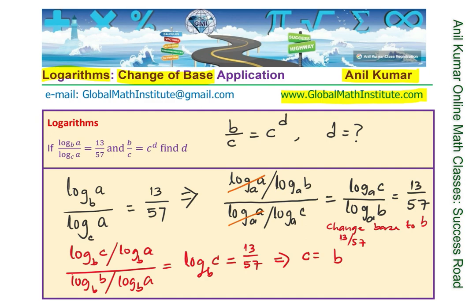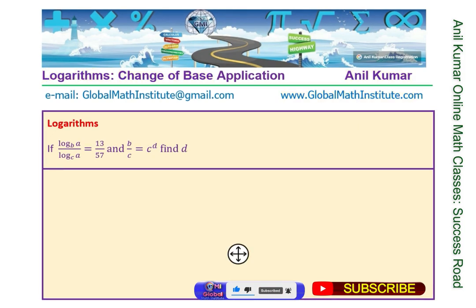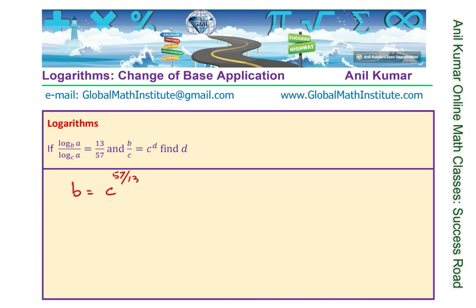Well, from here we can write that b is equal to c to the power of 57 over 13. Does that make sense? Correct? So b equals c to the power of 57 over 13, right? So that is what we get.